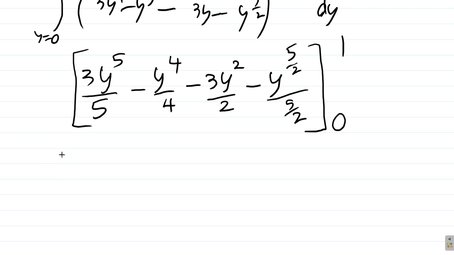Now we substitute the boundaries. It's 3 times 1 to the 5th over 5, the upper boundary first, alright?